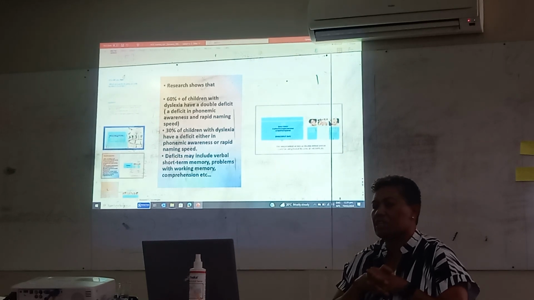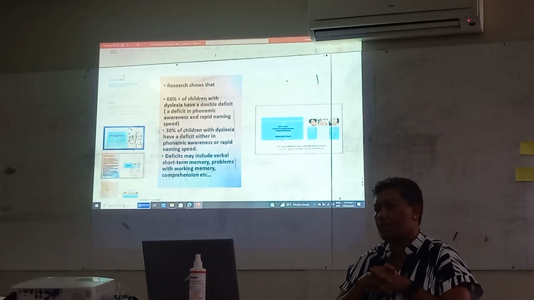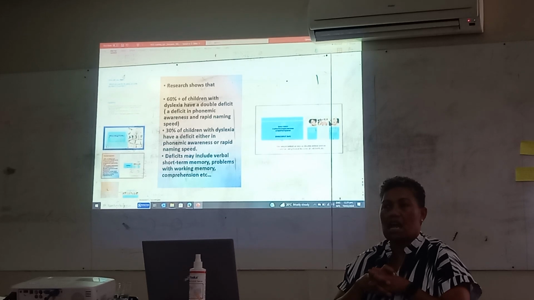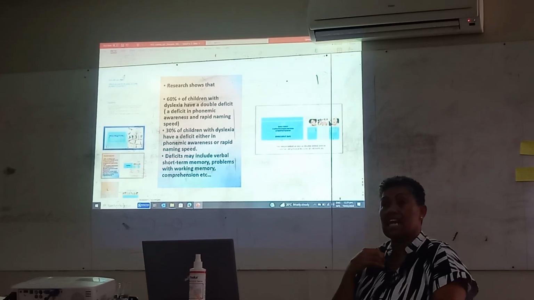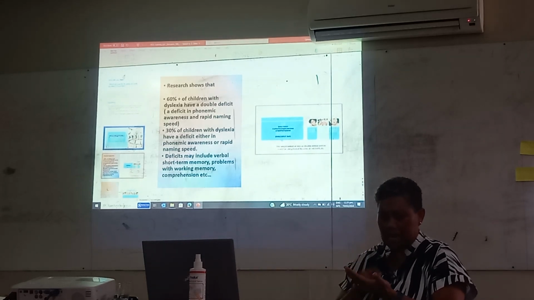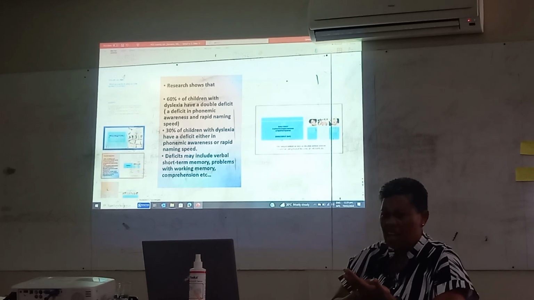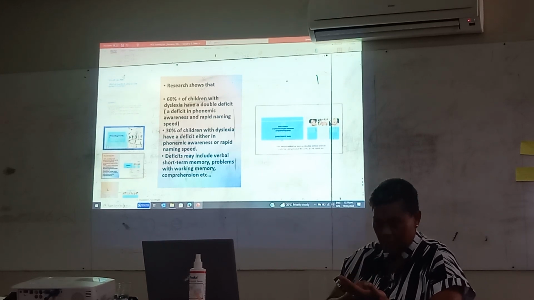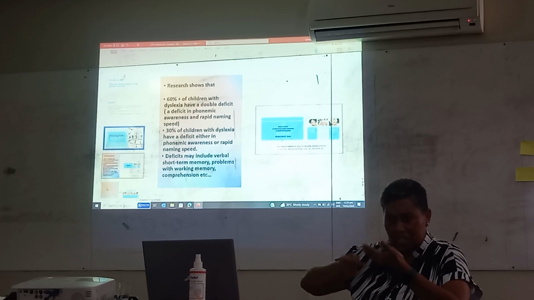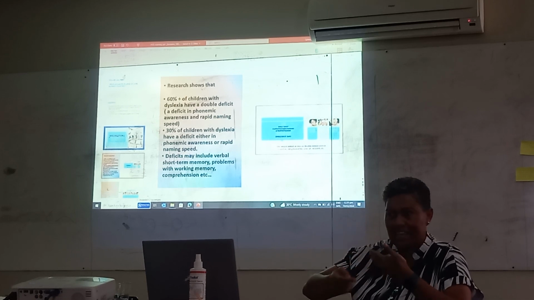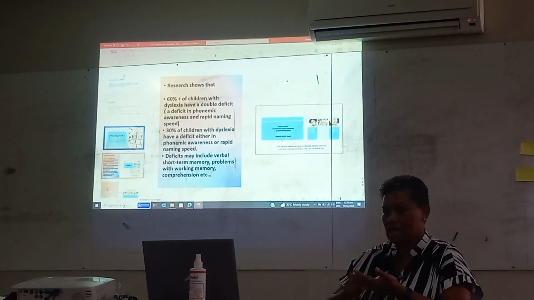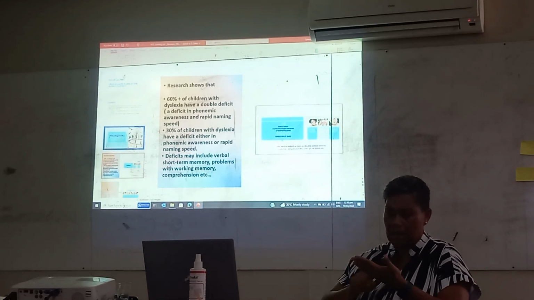Deficits may include verbal short-term memory. What's short-term memory? I would say to Inise, can I have your phone number? She sends it to me and I press it again, slowly. It's working with the information that is at hand right there and then. Some of us, like me, until today, I can't remember my husband's phone number.